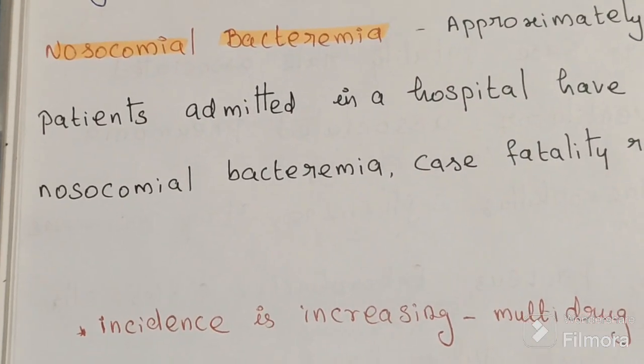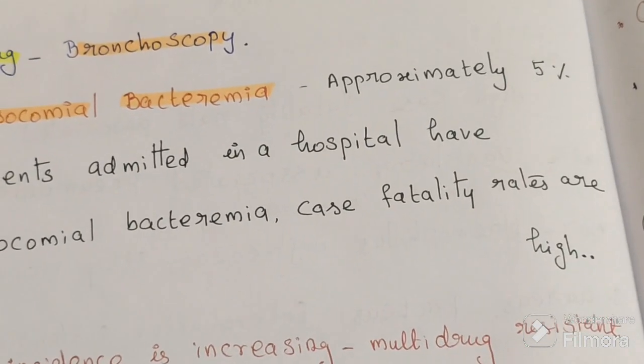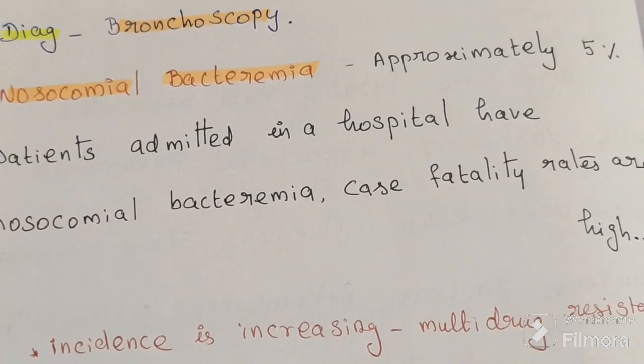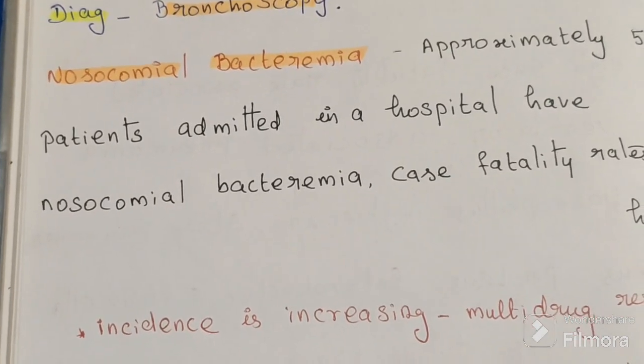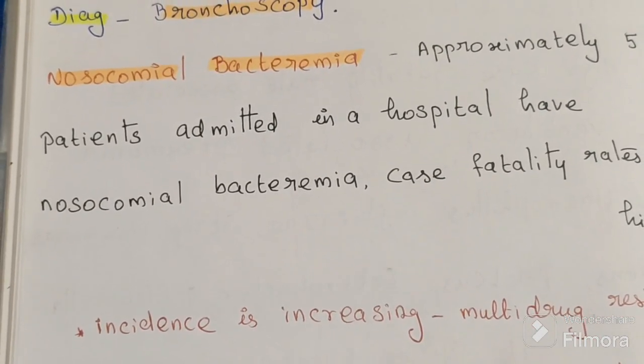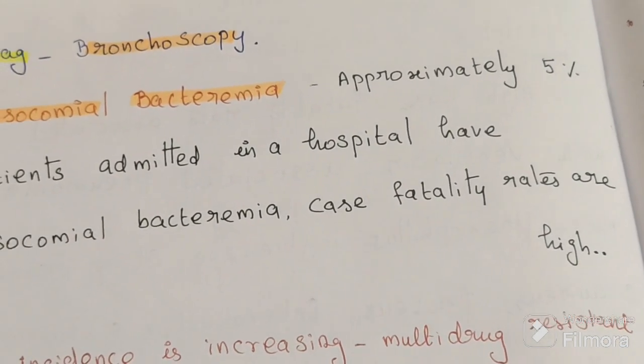Next, nosocomial bacteremia. Approximately 5% of patients admitted to the hospital have nosocomial bacteremia, and the mortality rate is high.